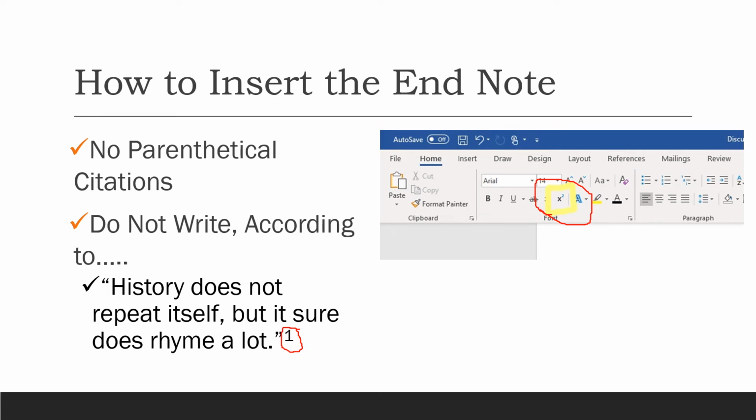You have to give credit to the author. So there's no need to do that. That's the purpose of the endnotes, because this number 1 is going to tell me, the reader, where that source came from. But make sure what you are using is in quotation marks, followed by the number.